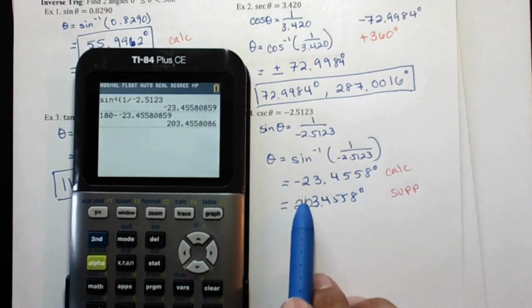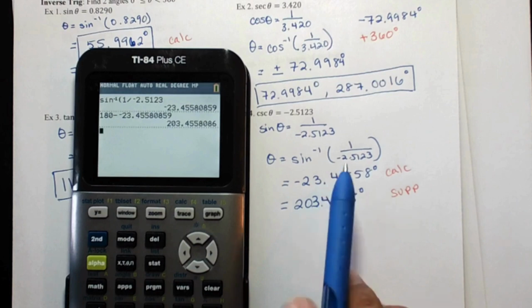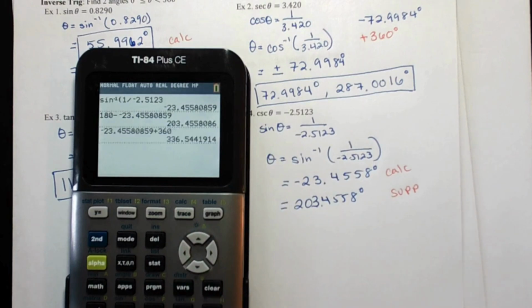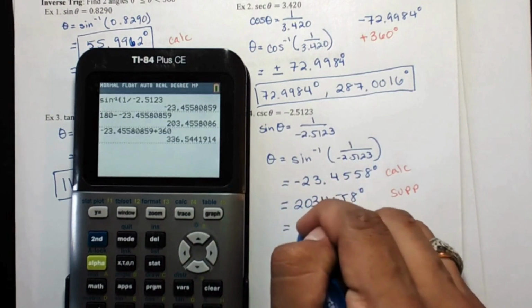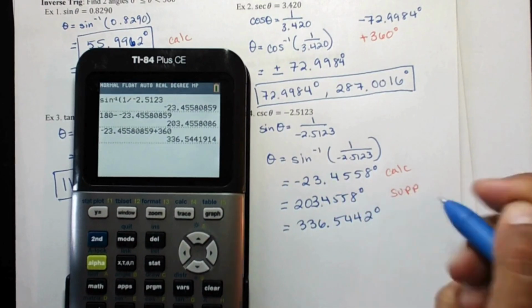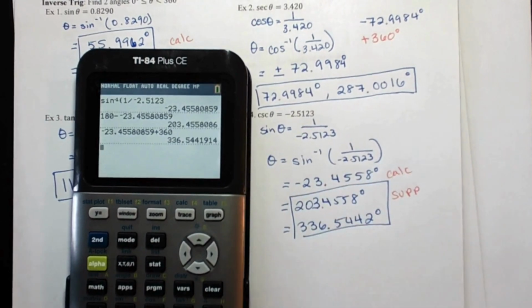Now, I could box in both of these answers and say that I'm done, but I can't leave my answer like this. I need to add 360 degrees to it. So let's go get that answer and find its positive coterminal angle, which is 336.5442 degrees. So these two would be my answers.